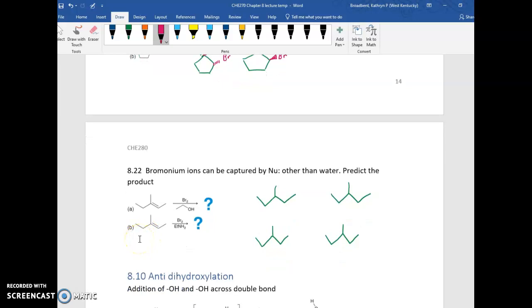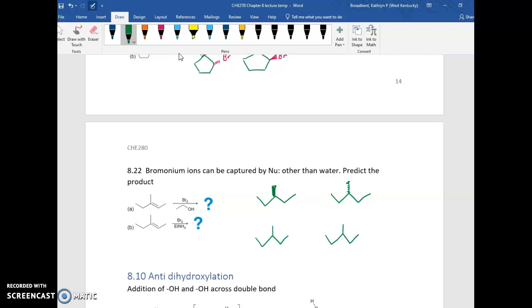Bromide ions can be captured by other nucleophiles, so it doesn't have to be water. So what if it's ethanol instead? Then we would get this. Again, that's the methyl group. One of them will be a wedge and one of them will be a dash.